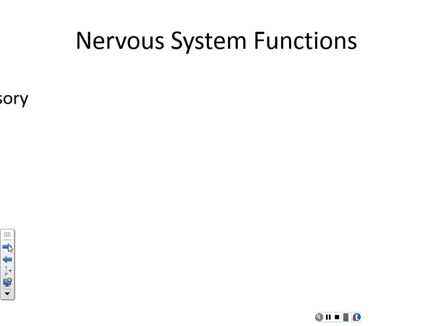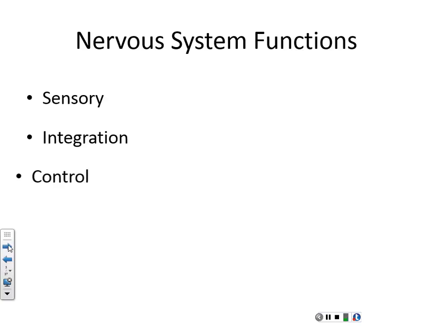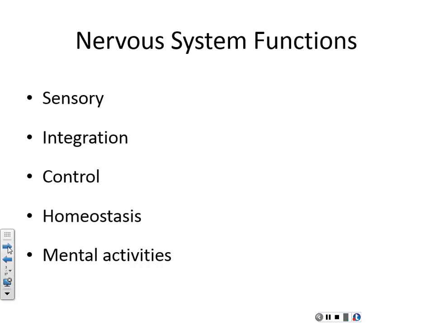As we normally do with any system, we talk about the functions. So we know that the nervous system does what? It receives sensory information from the rest of the body, by sensory neurons. And then once it gets that information, it's passed from one area of the brain to the next, and integration takes place, which is pretty much making sense of that stimulus and then generating a specific response, which falls under the control.